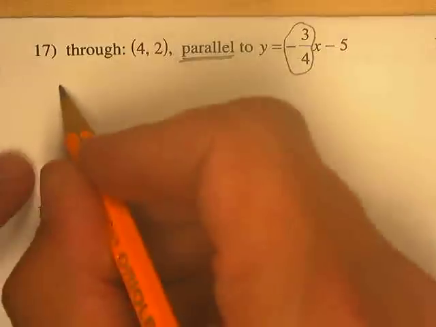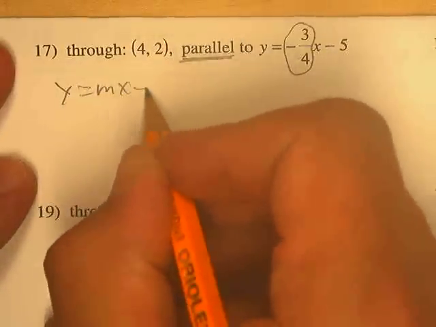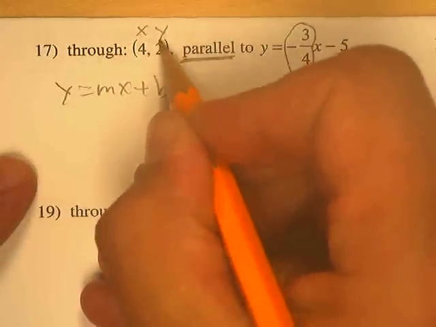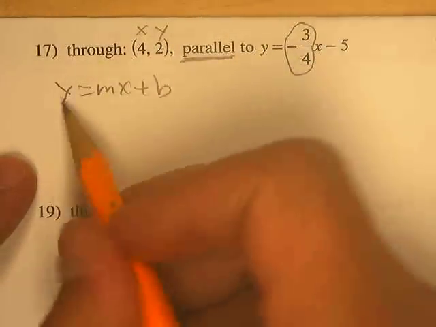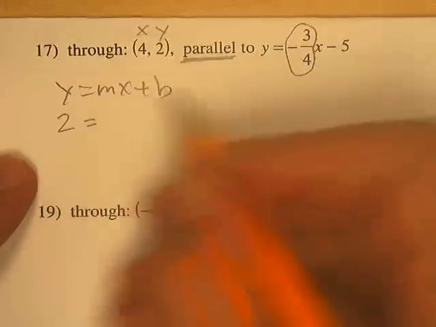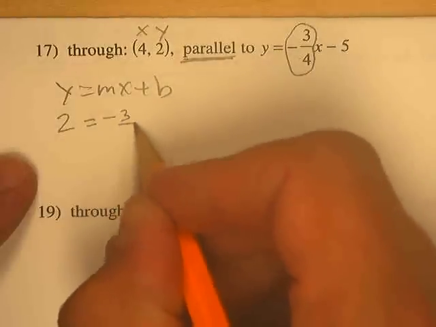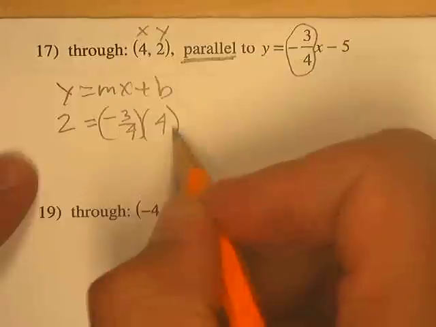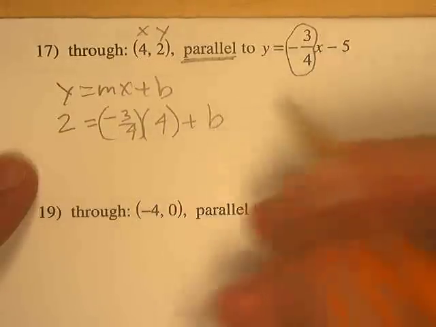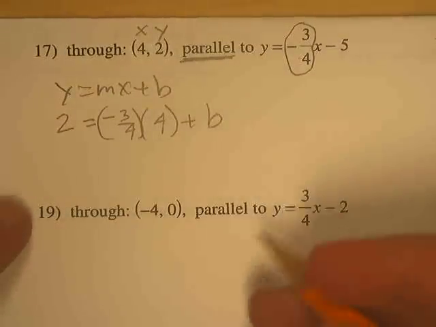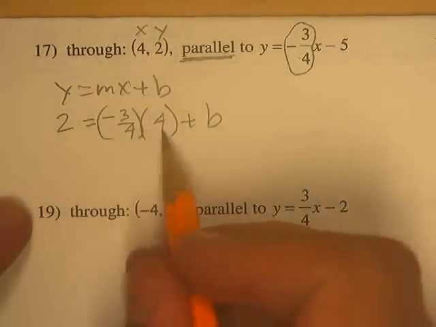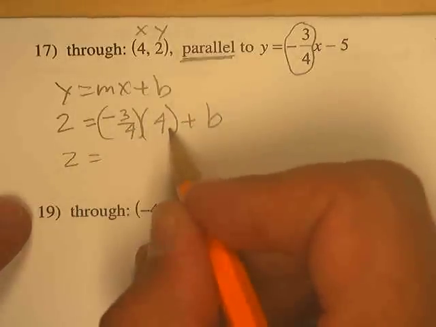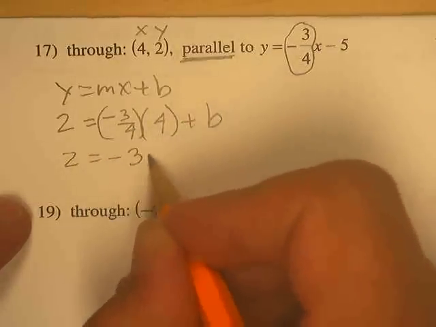All right. So we start off with y equals mx plus b. Remember, this is my x and this is my y. So I plug in 2 for my y. Slope is negative 3/4. My x is going to be 4, plus b. Now I'm going to first of all multiply these two together, and negative 3/4 times 4 is going to be negative 3.